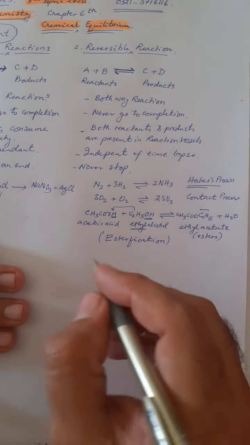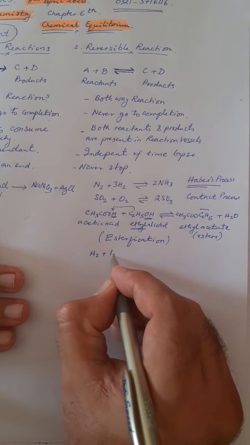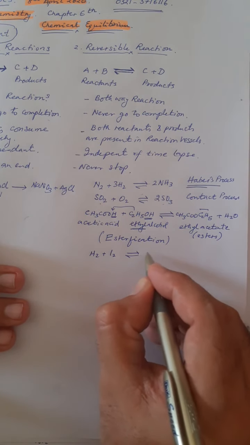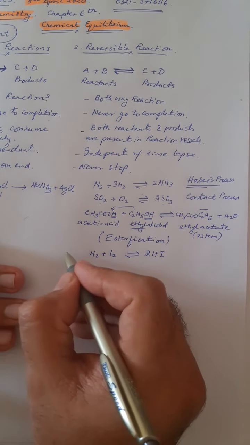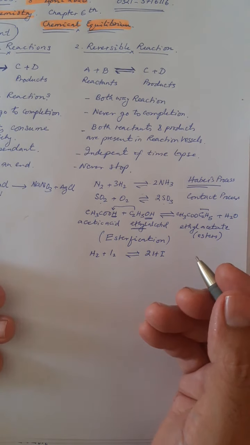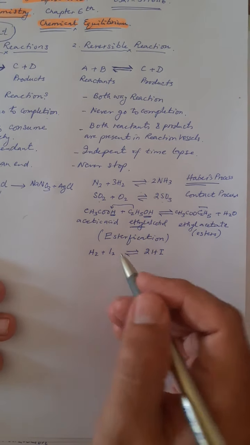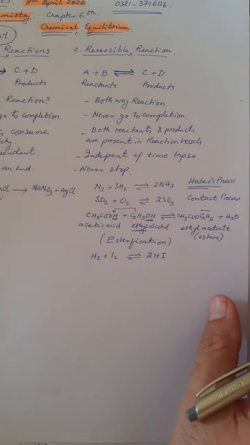There are many more. When you react hydrogen and iodine, they make hydrogen iodide, but hydrogen iodide can also break down back to the reactants. So this is also an example of a reversible reaction. You can also find more examples from your textbook as well.